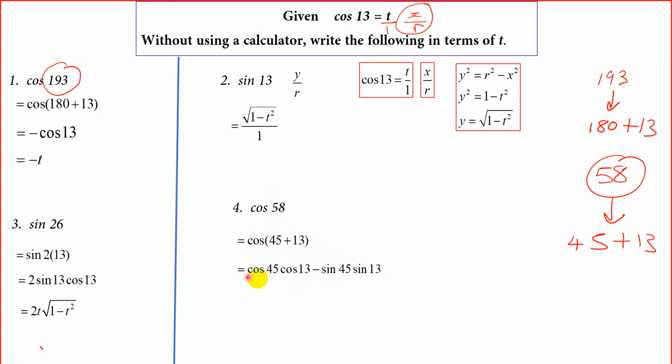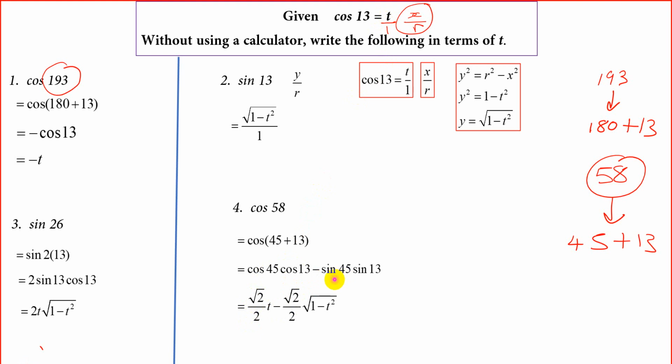Now cos 45 is a special angle, which is root 2 over 2, so we're going to replace that with root 2 over 2. Cos 13 is given to be t, and I'm substituting that.